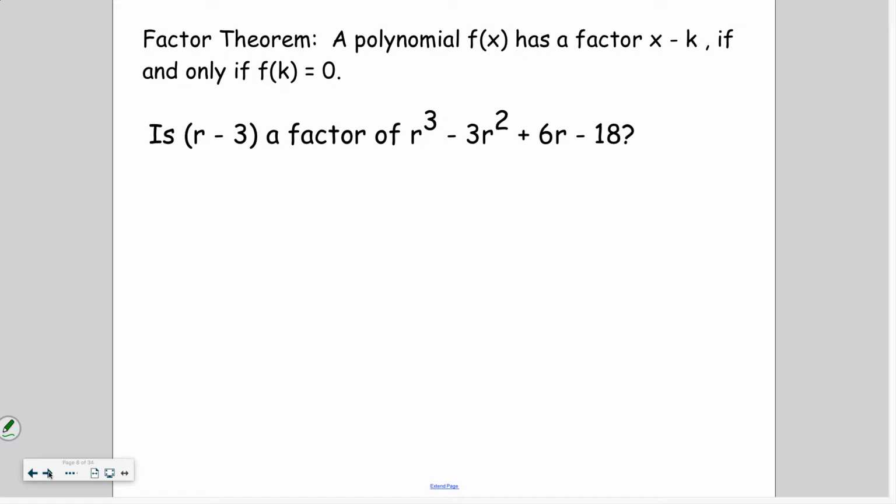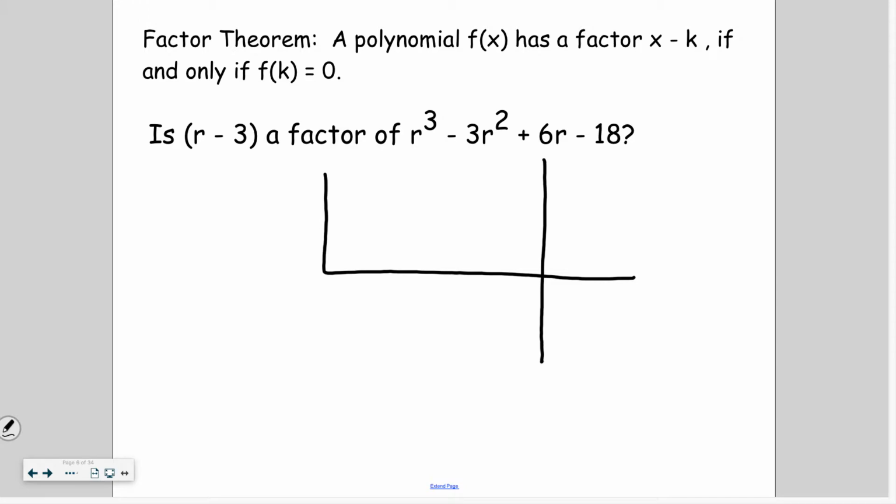So the first thing that we're going to look at, you have a couple options here. You can do the long division. You can do synthetic division. However, I prefer to do the synthetic. All right? Now, if you recall doing synthetic division, we have the upside down house or fork, whatever you want to call it.